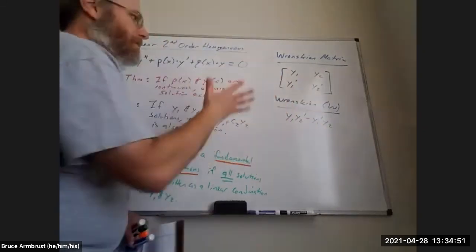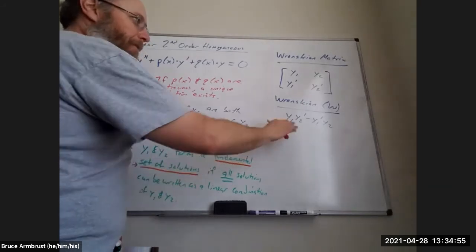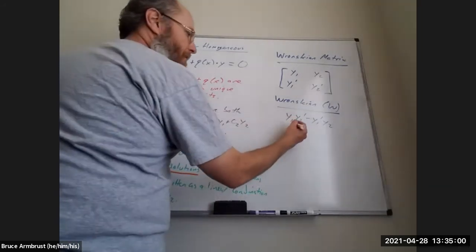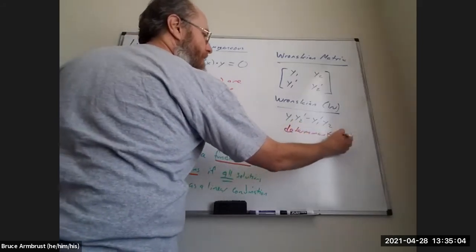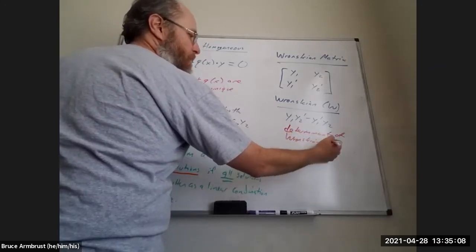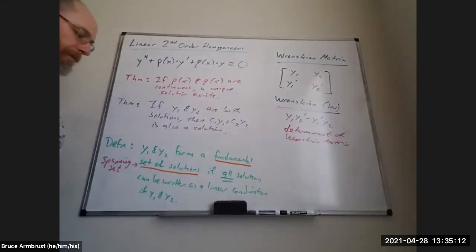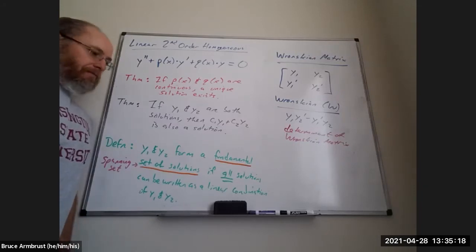No, that's right. Never mind. I thought I had a subscript wrong somewhere. But if you recognize this, I want you to notice that this is actually just the determinant of the Wronskian matrix. If you take that 2x2 matrix and find its determinant, that's what the Wronskian actually is.